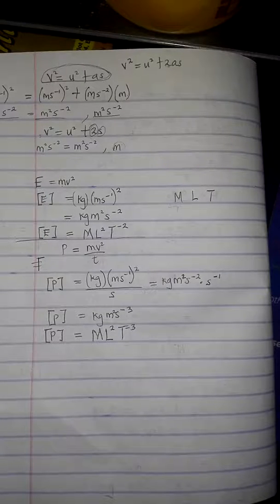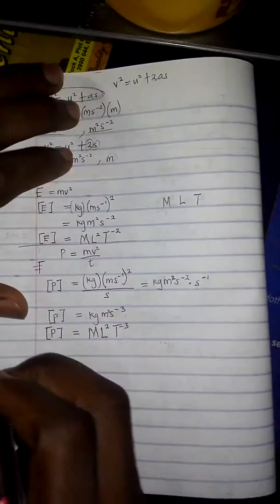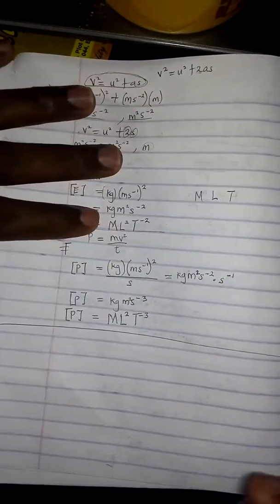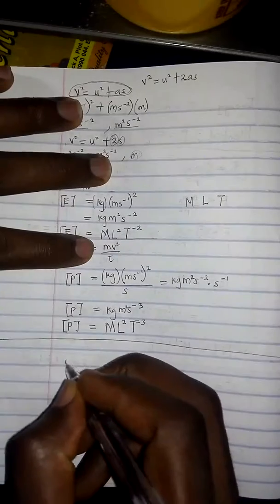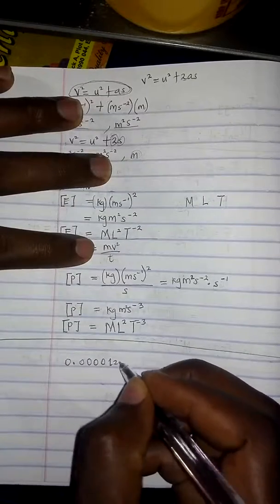Alright, so look at this: powers of 10. If you have powers of 10, how do you deal with them? There are times when you carry out a calculation and you get an answer like 0.000123.